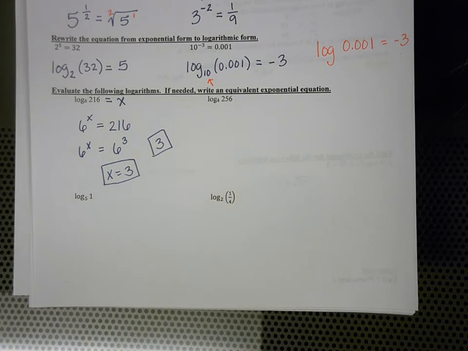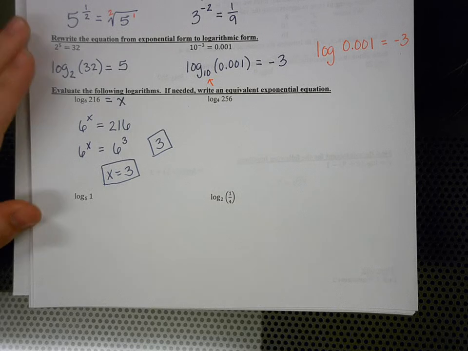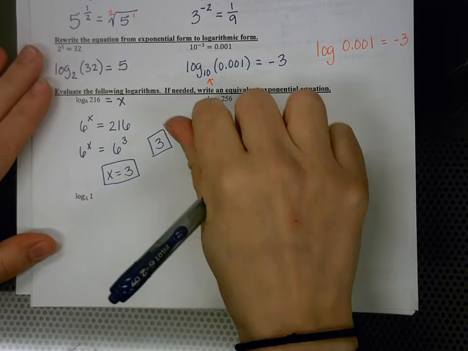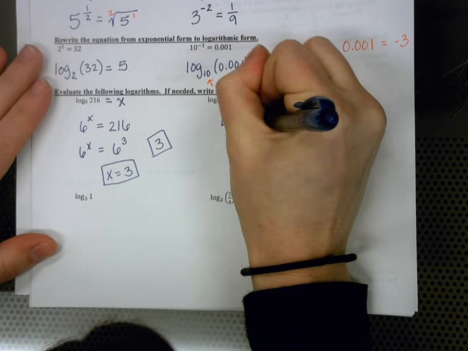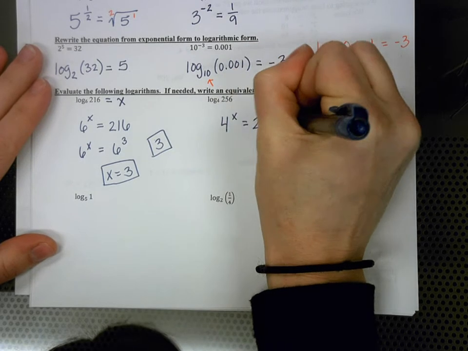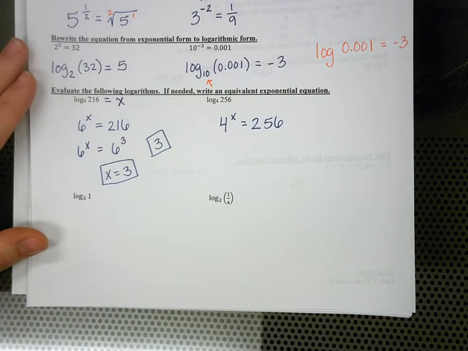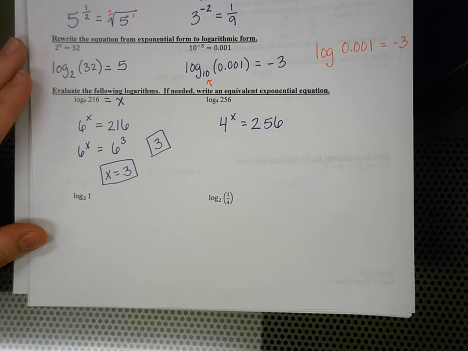base 4 of 256 gives you blank, the number. All right, so again, we're saying 4 to what power equals 256. So you're going to have to multiply 4 times 4, 16 times 4 times 4.